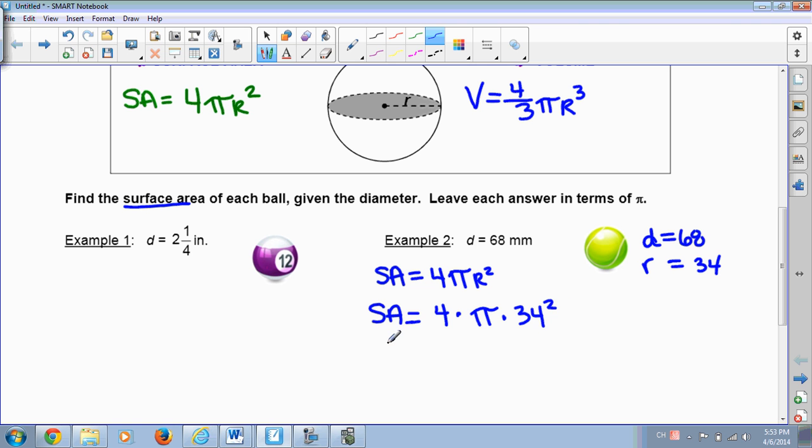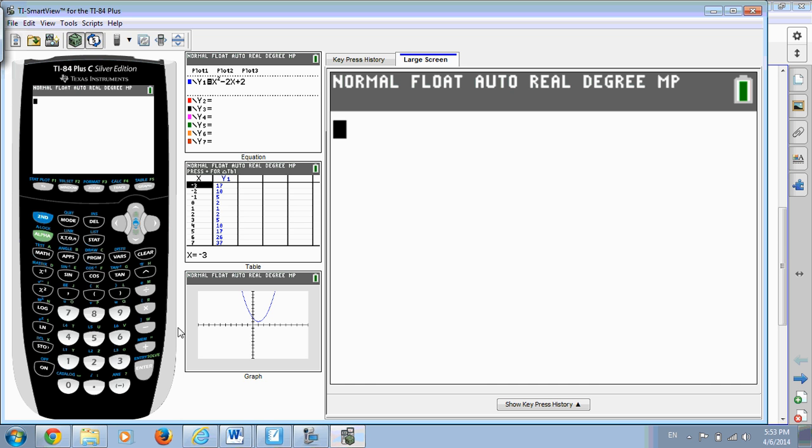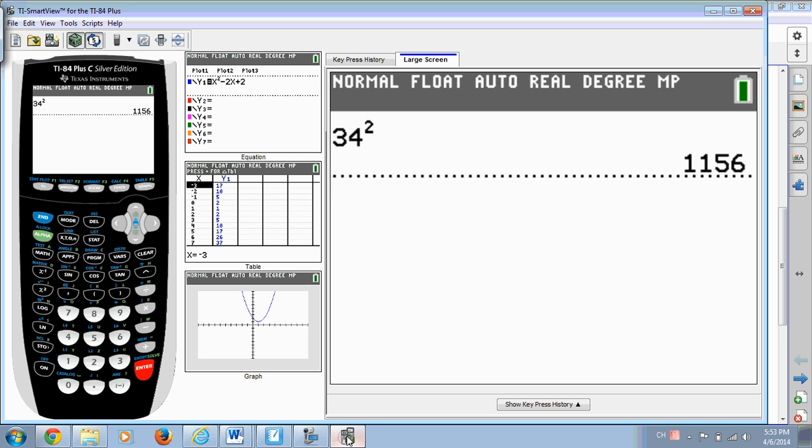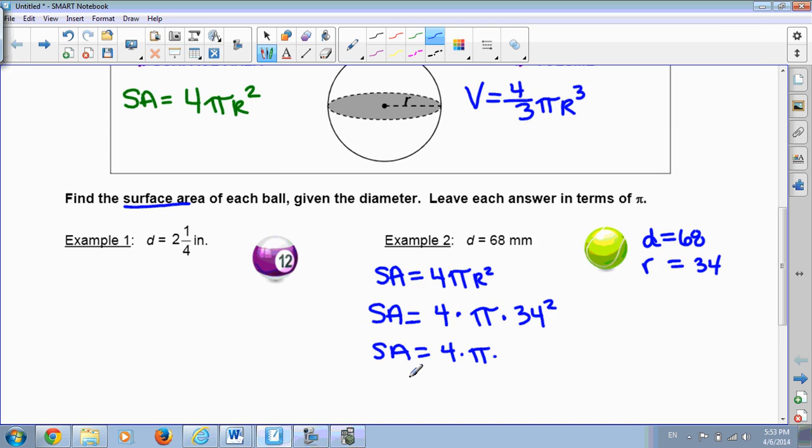Okay, so we're going to need our calculators definitely for today because we've got some weird numbers, some big numbers. So 34 squared is 1,156. So 4 times pi times 1,156. If we want to leave it in terms of pi, so we're just going to put our numbers in the calculator, not the pi.